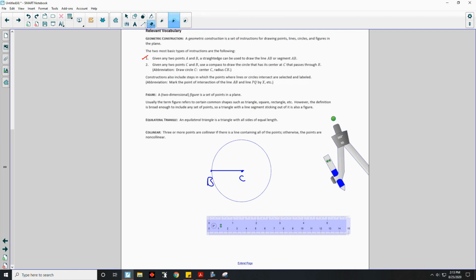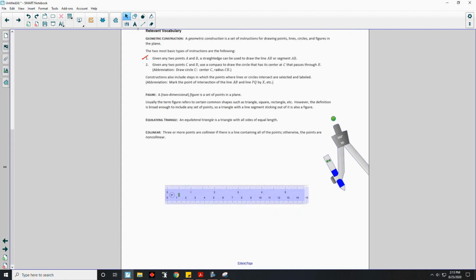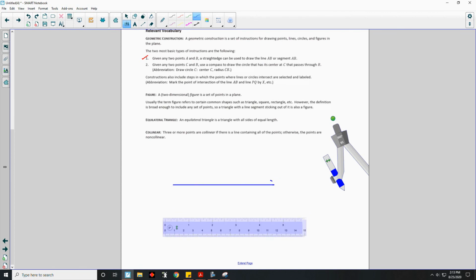Okay, so what they're saying here is, let's get this all out of the way. So if we have line AB, so there's a line, here's A, here's B. Mark the point of intersection of the line AB and the line PQ.